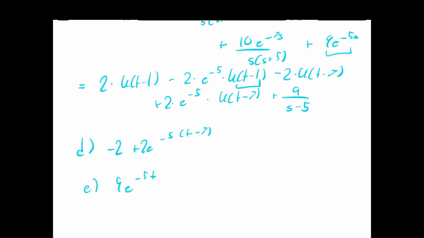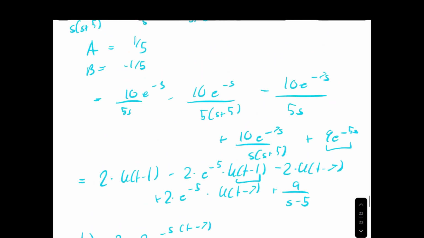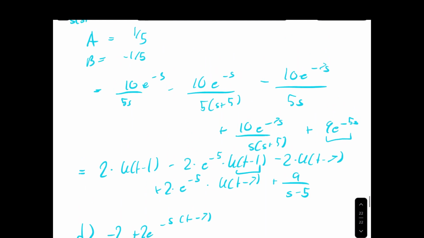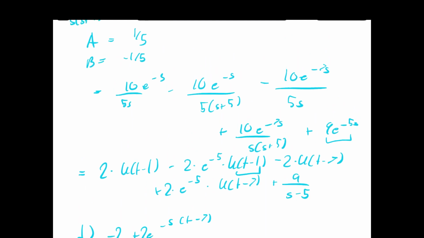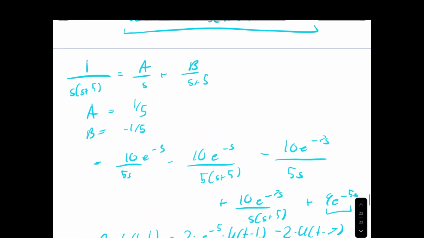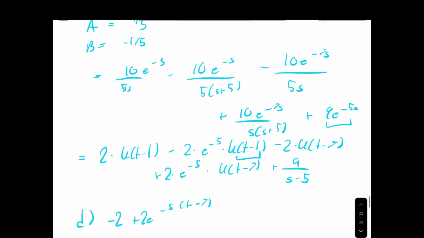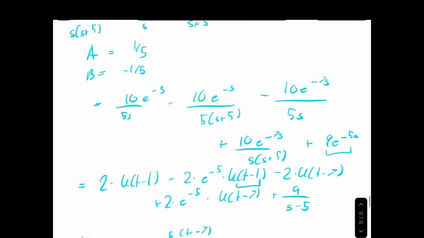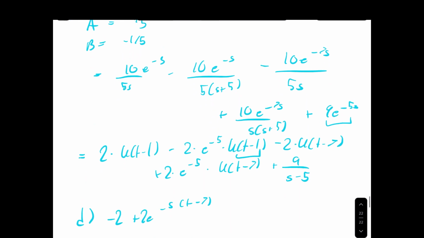Let me see what else I got here. Wait, yeah, no, I got that. Actually, it doesn't make sense. Doesn't make sense how I just did partial fractions and then I got that.